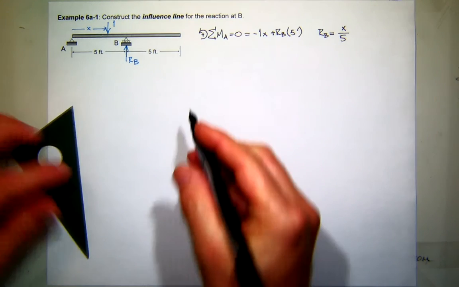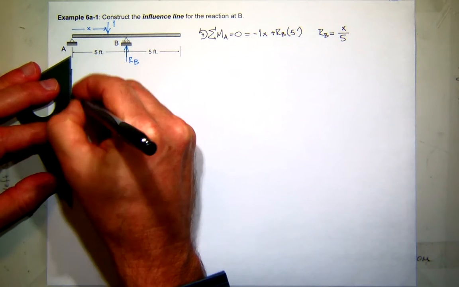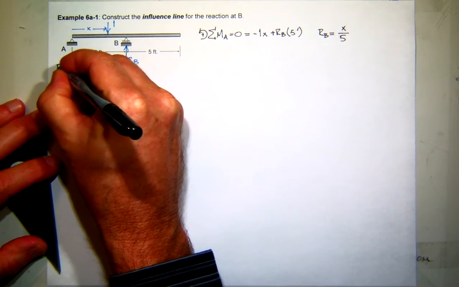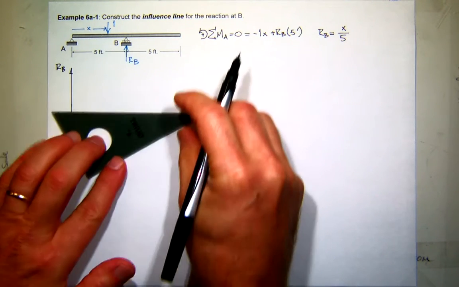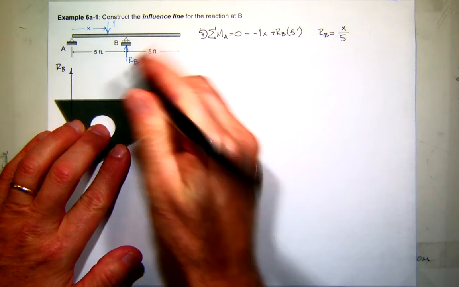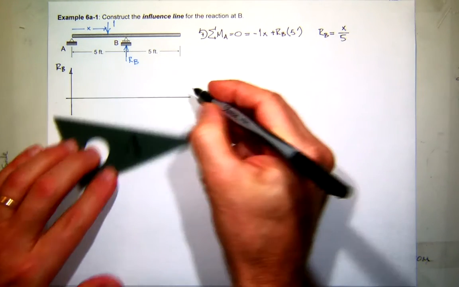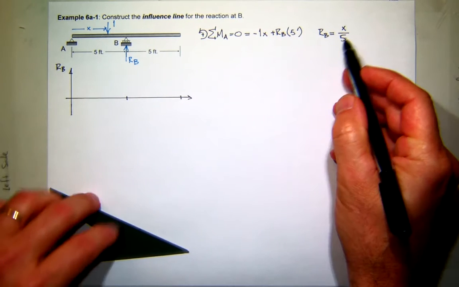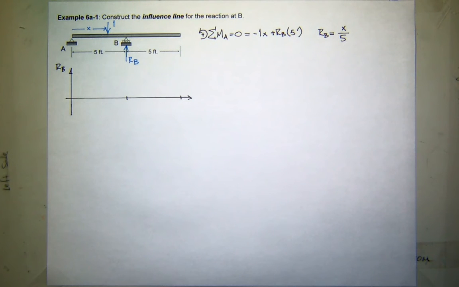Well, let's just plot that. On my ordinate, I will say this is the reaction at B, so that's my influence line. I'll draw an x-axis and indicate some key points. So we'll just plot this. What's the value when x is equal to 0?